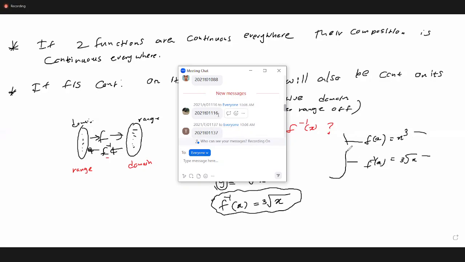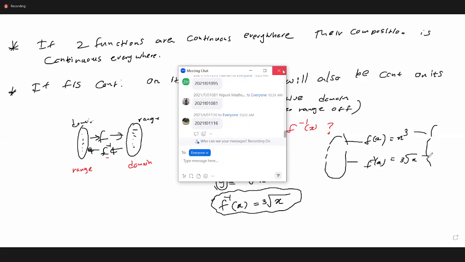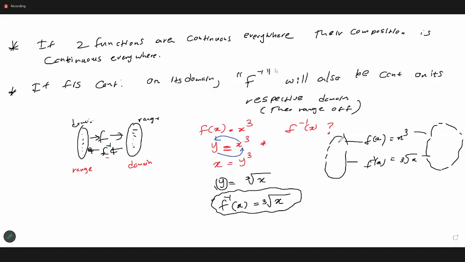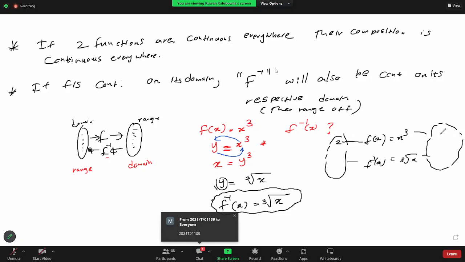So you have a domain and the range for f. Let's apply a very simple value. Let's take 2. If you apply number 2 to this function, then you have a result of 2 to the power 3, that means 8. Right? 8 is there.